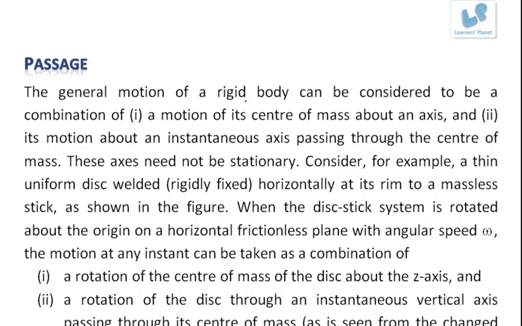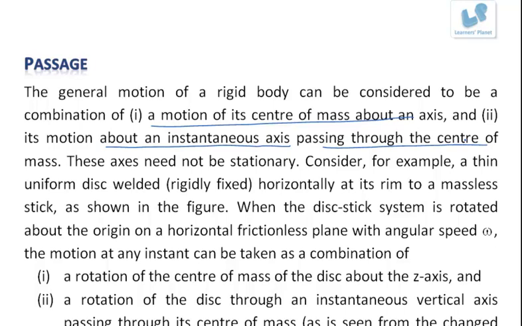The general motion of a rigid body can be considered to be a combination of, first, a motion of its center of mass about an axis, and second, its motion about an instantaneous axis passing through the center of mass.